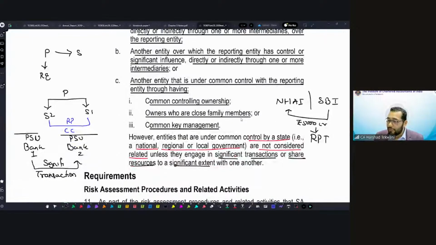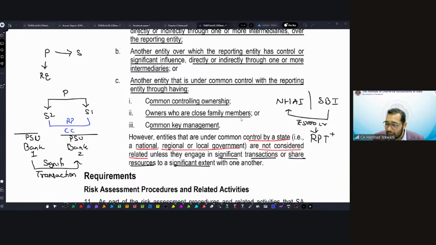Are you getting the point? If your framework says that significant transactions between related parties are to be excluded if they are controlled by the government, follow that. But when the framework is not there, and I'm applying the definitions of SA 550, I will consider this 5,000 crore transaction as a related party transaction.